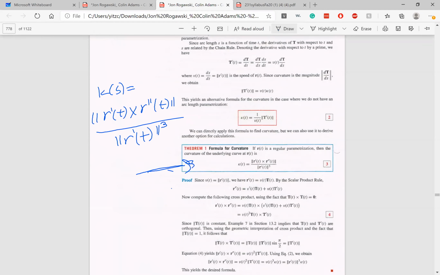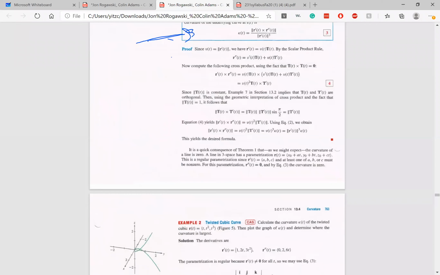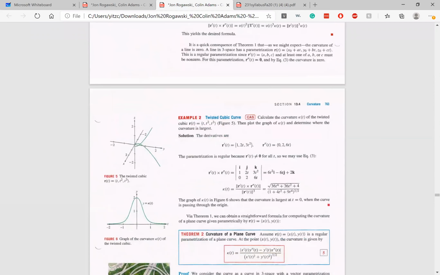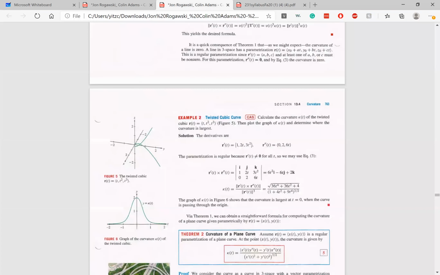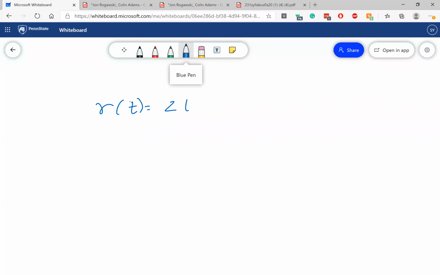So let's do an example. Calculate the curvature of the twisted cubic, which is this, then plot the graph. So we're not going to plot the graph, but so now my r of t is equal to t, t squared, and t cubed.